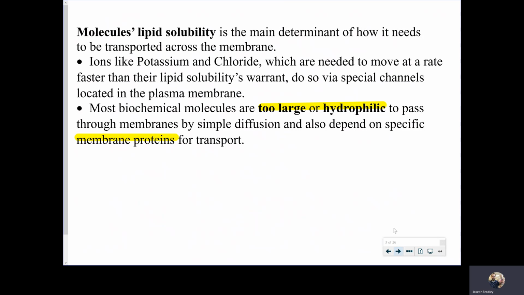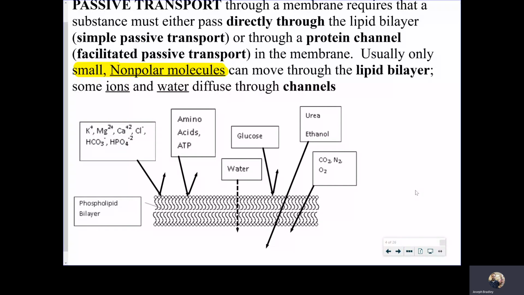So I have a diagram that demonstrates which type of molecules can go through. So interestingly, urea and ethanol, they are actually polar molecules, but they have the ability to transport through the membrane, as does water.